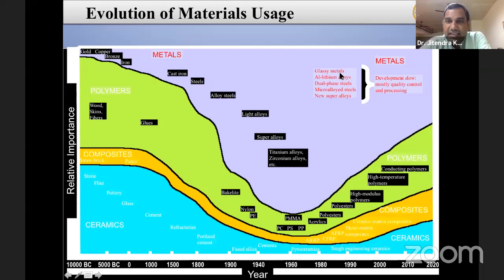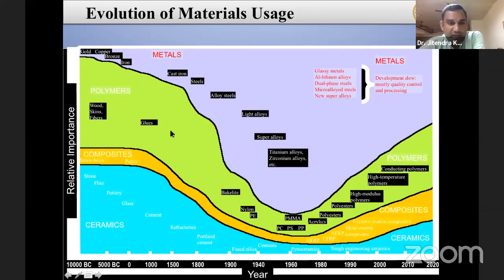Presently we are also working on aluminum lithium alloys and dual phase, which are used in electric vehicles and batteries. So from this picture, you can easily identify in which era we are working and what materials were there in the previous ages.